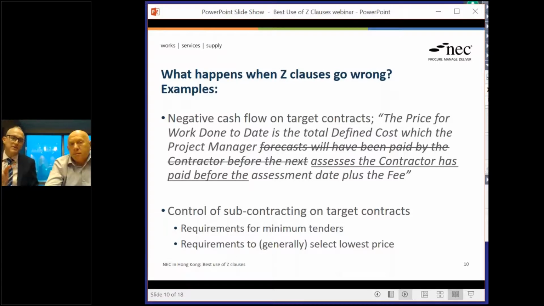So I do think that's an example of a provision which maybe cuts across some of the ethos of NEC about just trusting people to get on and do the works in the best way, incentivised by the collaborative approach of the contract and the pain gain mechanism. Yeah, it can cause conflicts. All these things that have been stretched and tested and pushed and pulled can cause problems. Yes. Okay. Some more examples.